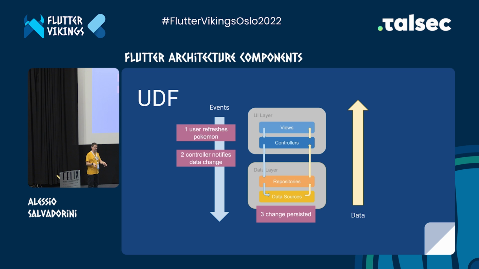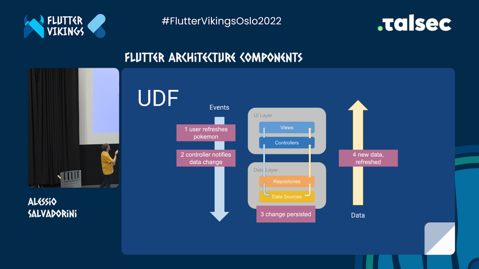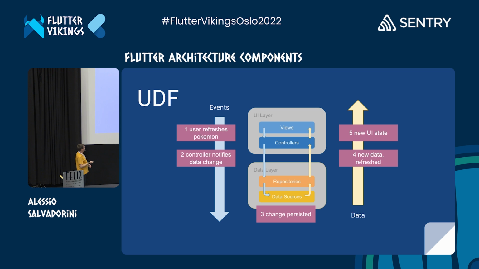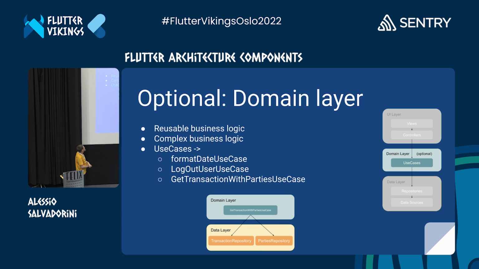And only when it's persisted, the operation is concluded and positive, and then a new data set is returned to the controller, and the controller notifies the view that now there is a new data set, please rebuild yourself. This is called unidirectional data flow because the user events go all the way from the UI layer to the data layer, and then from the data layer, they bounce back to the UI layer.